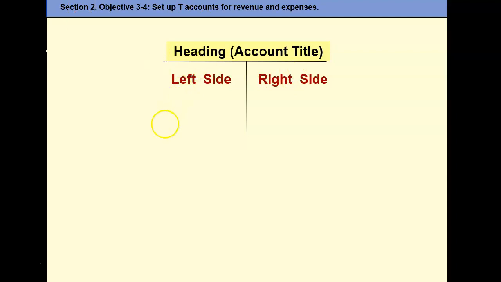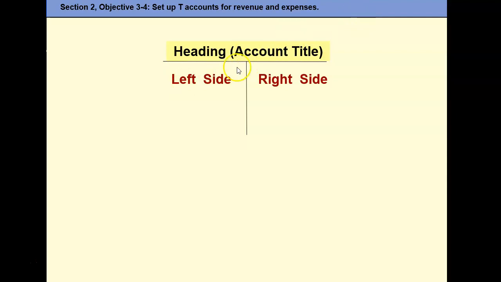You have the left-hand side of the T account, and you have the right-hand side of the T account. The left-hand side of the T account is known as the debit side. So in accounting, the term debit simply means left-hand side of the T account.